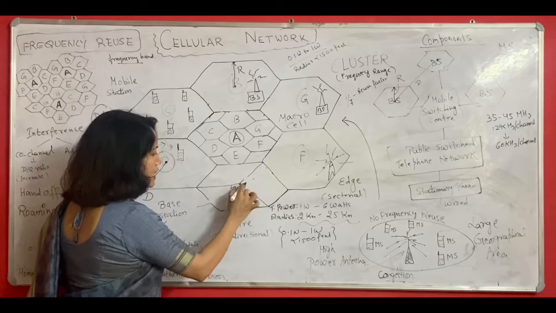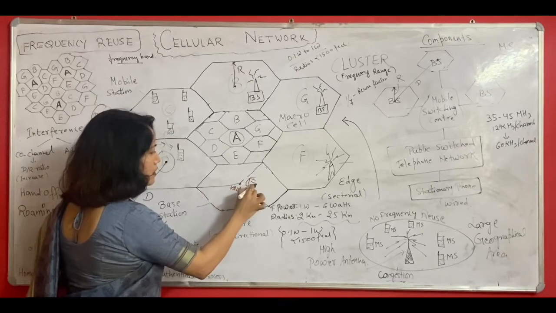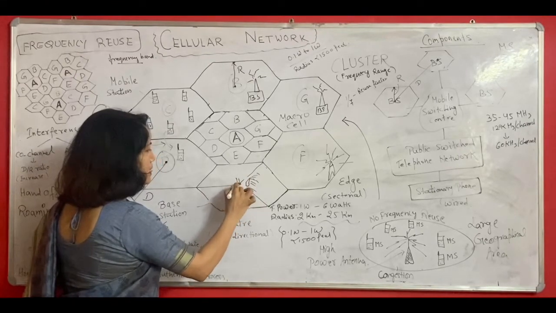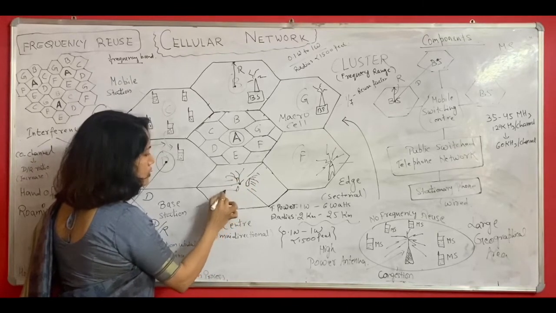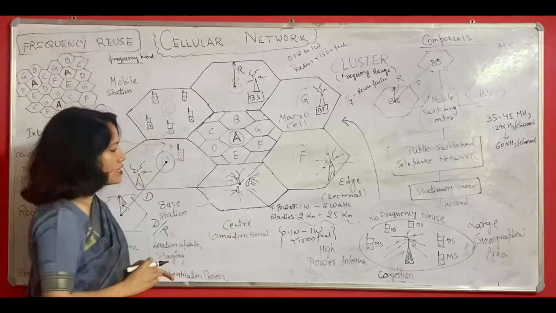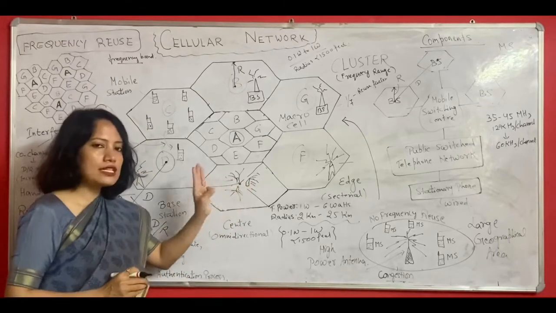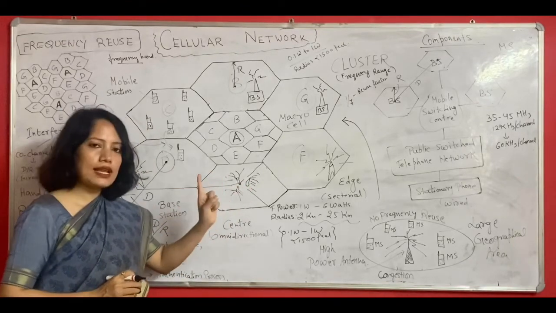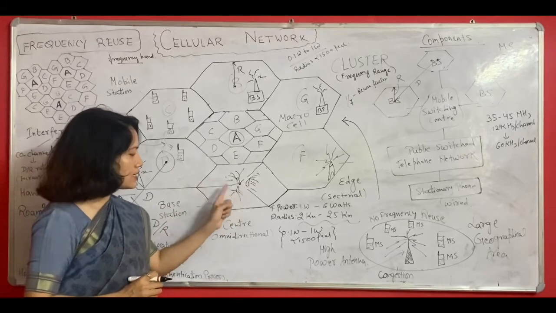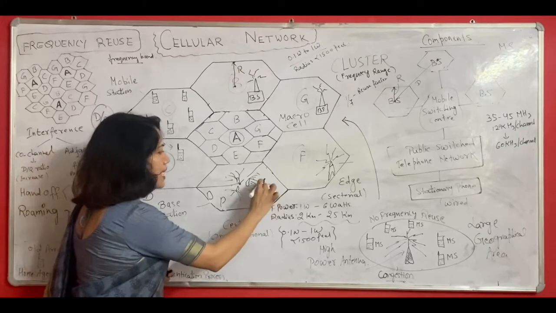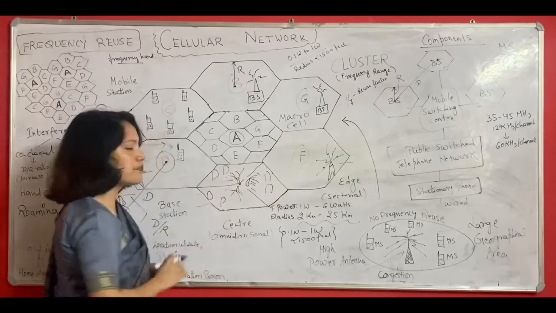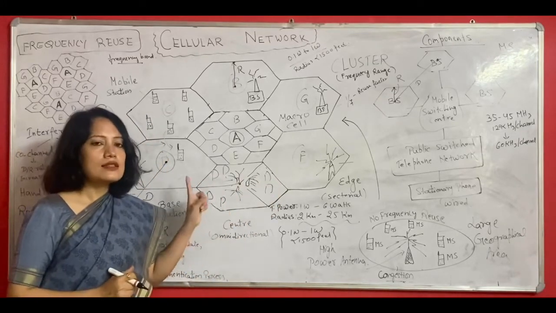So we can place an antenna over here which may radiate, similarly here we can place one which may radiate in this sector, and similarly we can place an antenna over here which may radiate in this direction. So these are the sectorial antennas. So 3 antennas are placed instead of 1 antenna. Now there are 3 different sectorial antennas, which serve all the mobile subscribers in that particular sector only. So this is cell sectoring.